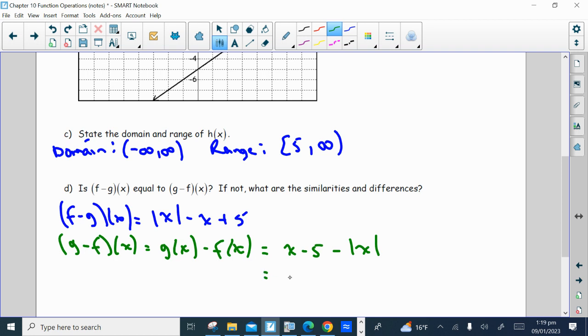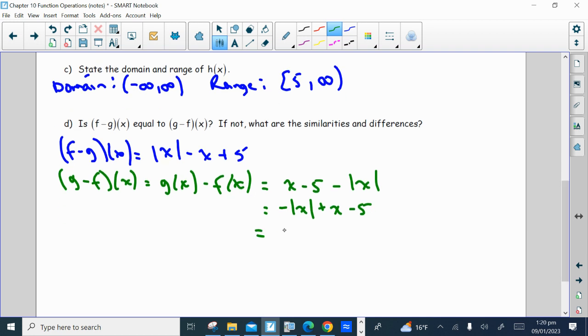If I rearrange the terms so at least they're in the same order as the previous equation, the negative sign in front of the absolute value of x would stay there. The x is positive, the 5 is negative. If we compare that to f take away g, they're not the same, but they are in fact opposites.